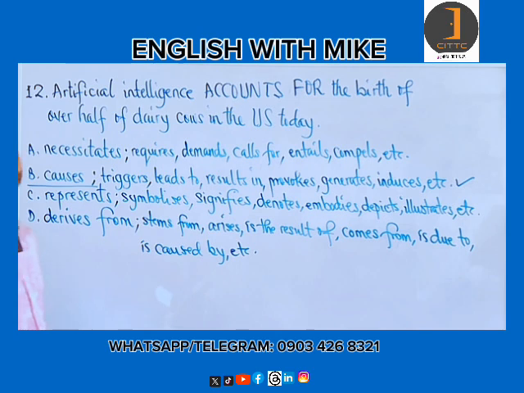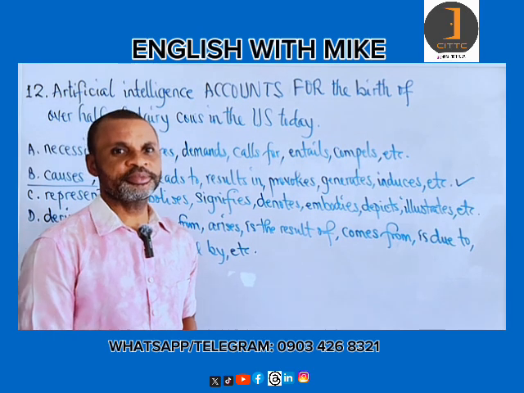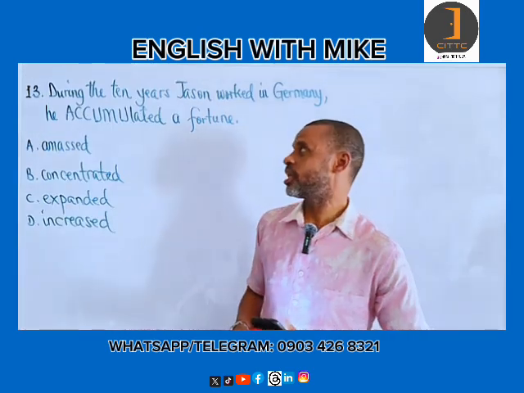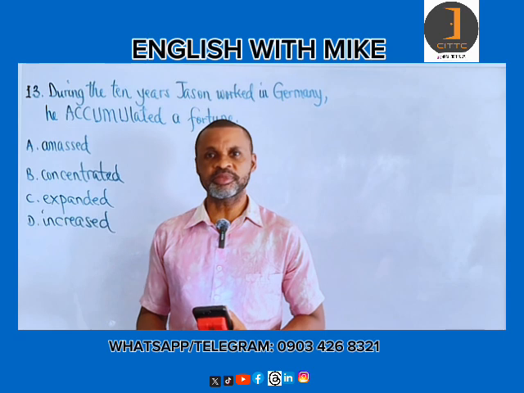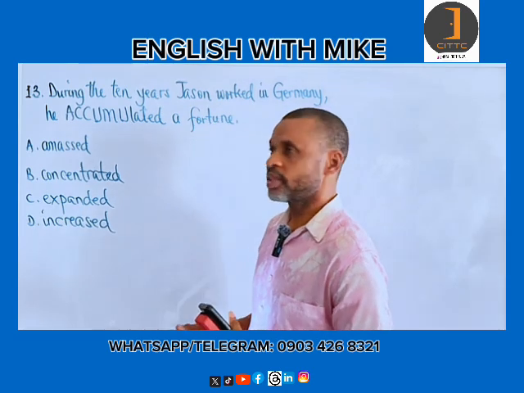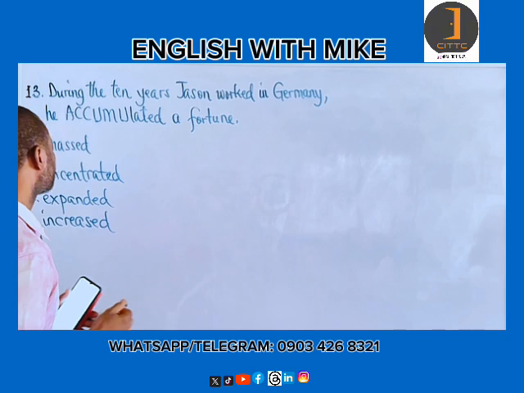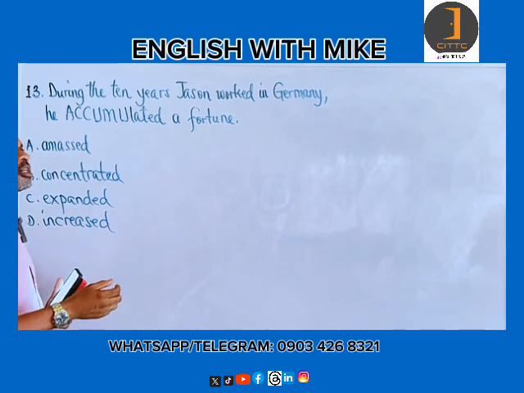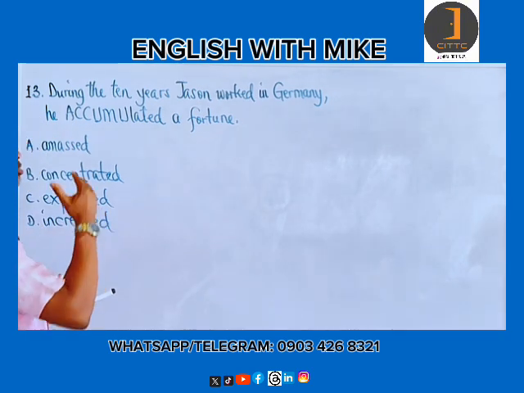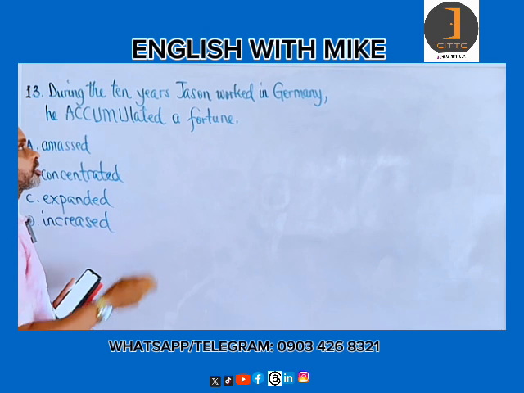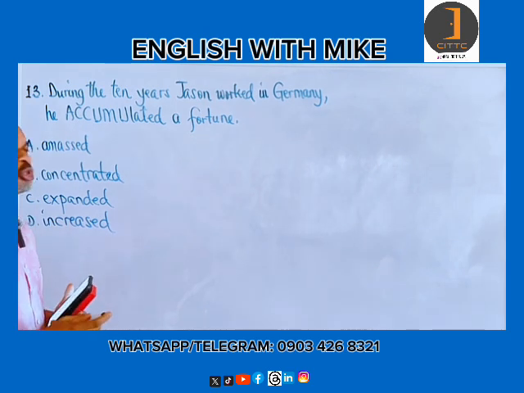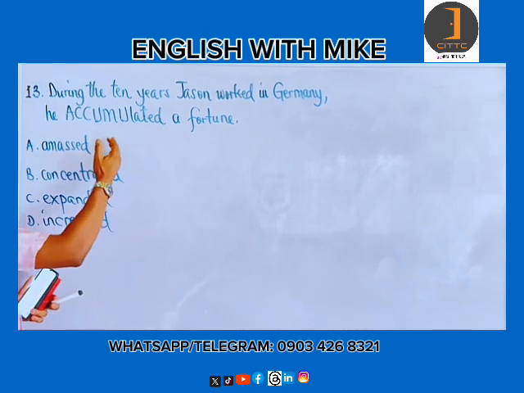Let's go to question number 13. So here's question number 13, synonyms. During the 10 years Jason worked in Germany, he ACCUMULATED a fortune. What does it mean to accumulate?